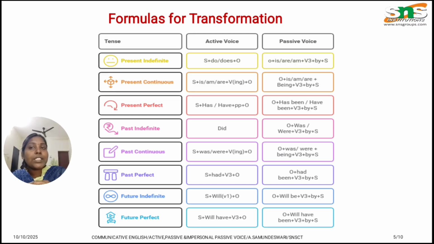So always have complete knowledge about the basics of tenses, helping verbs, and the 12 forms of tenses, because everything we do in tenses happens in active voice. Here you are just going to learn the passive voice structure alone.